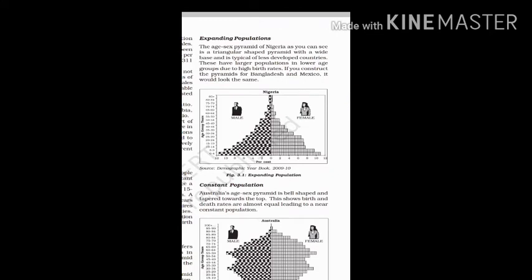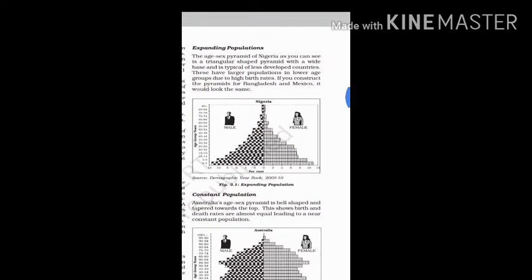This means that the base refers to 0 to 4, 5 to 9, 10 to 14. This means what? This country has a high birth rate and low death rate.